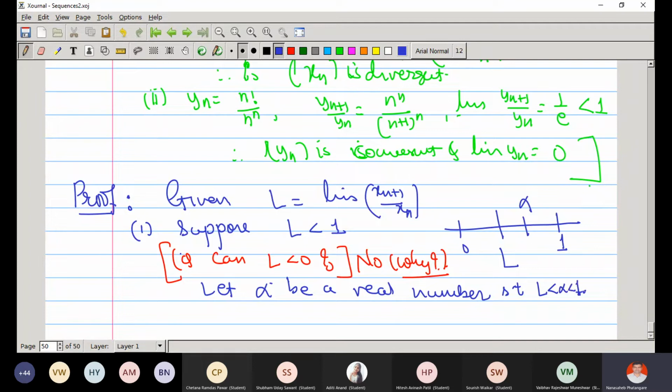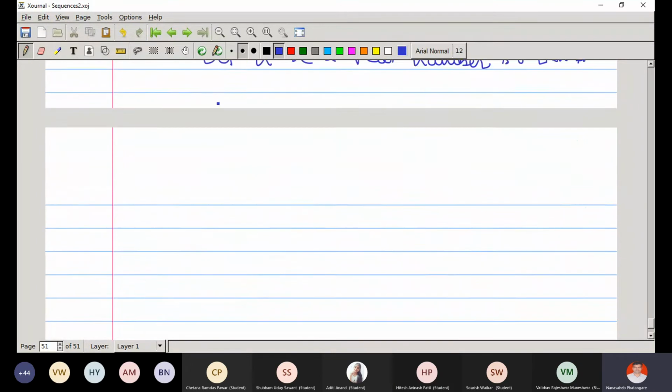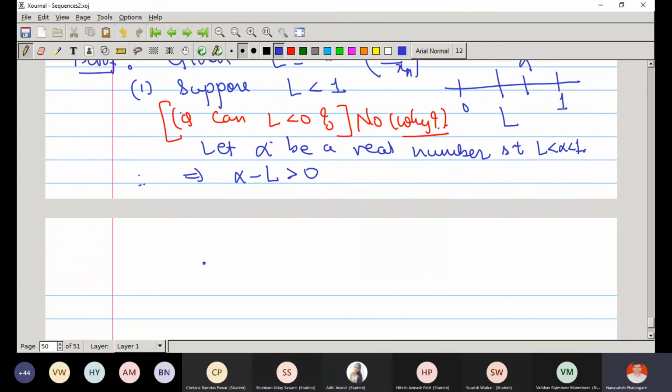Can you produce such number? Is it possible? Yes, because L is less than 1, there is some gap space between L and 1. In that space, there are many numbers. Choose one of them, alpha. Therefore, alpha minus L, is it positive? Yes, sir.